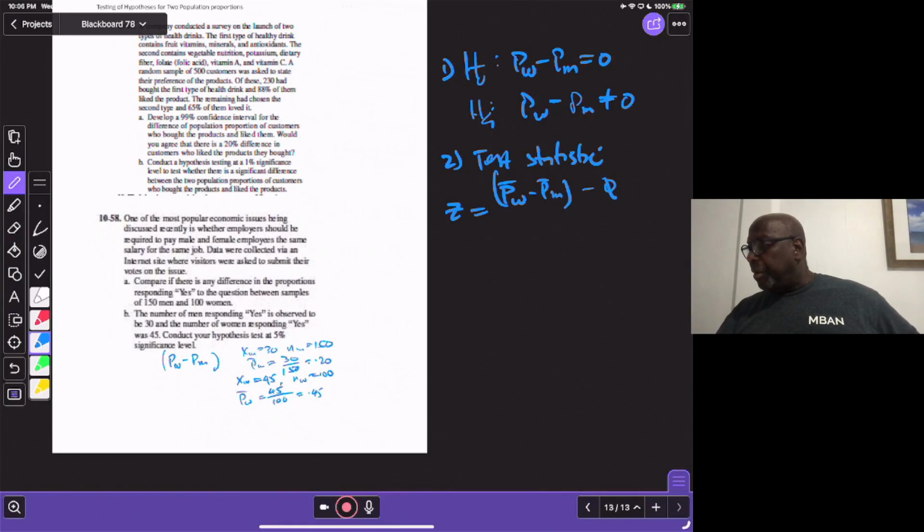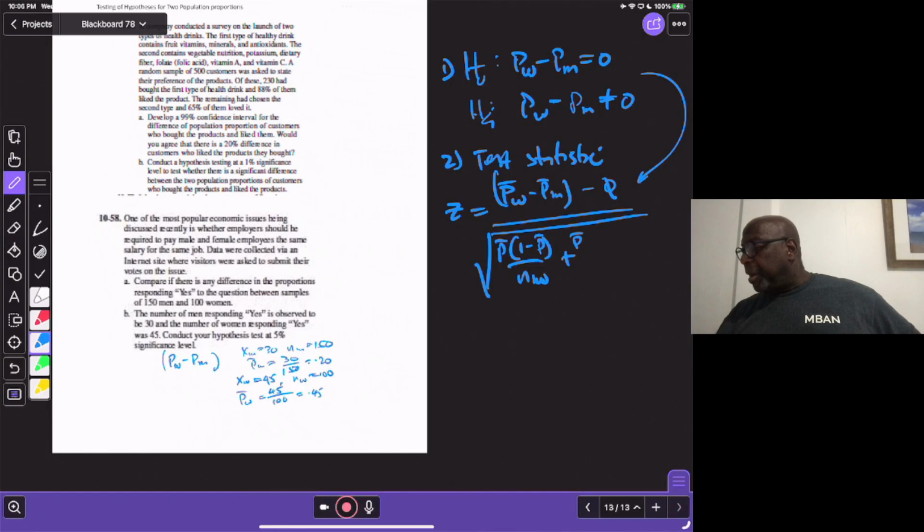This comes from the null hypothesis, over the square root of P bar times 1 minus P bar over N women, plus P bar times 1 minus P bar over N men. All right? That's our test statistic. Our decision rule, step 3, the decision rule.